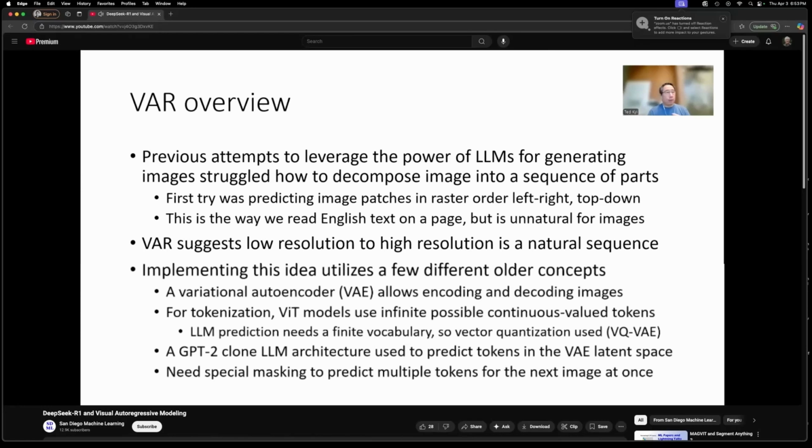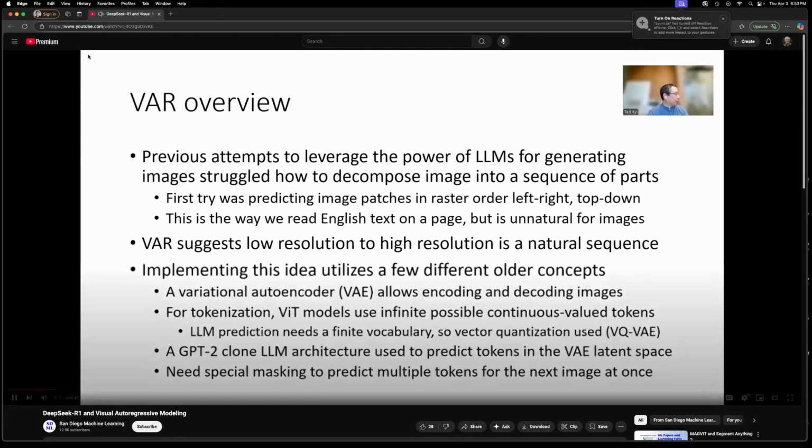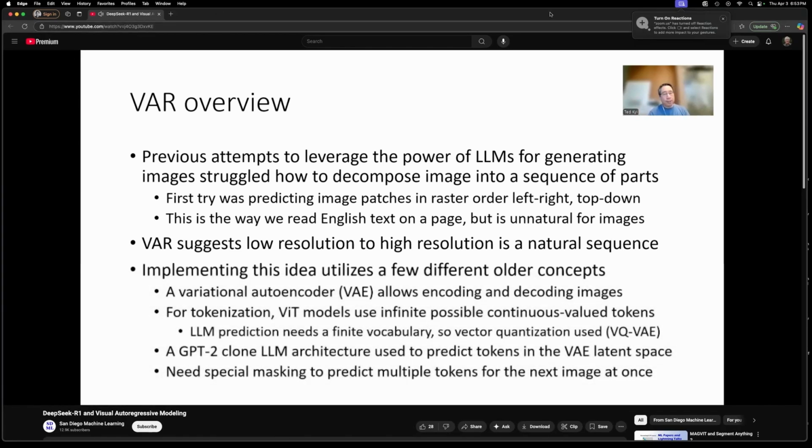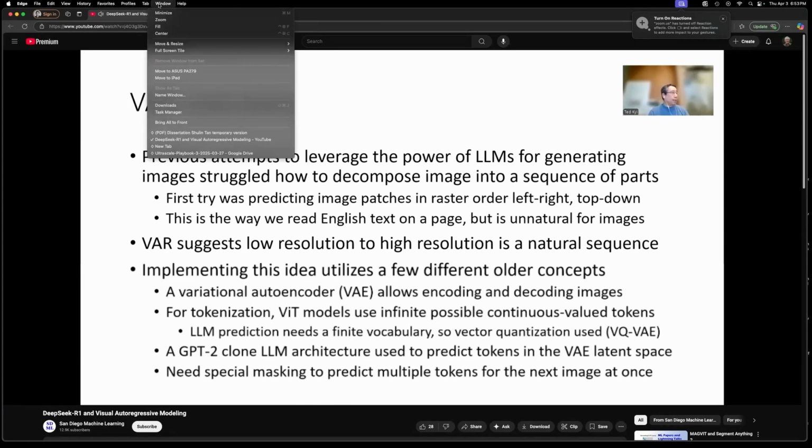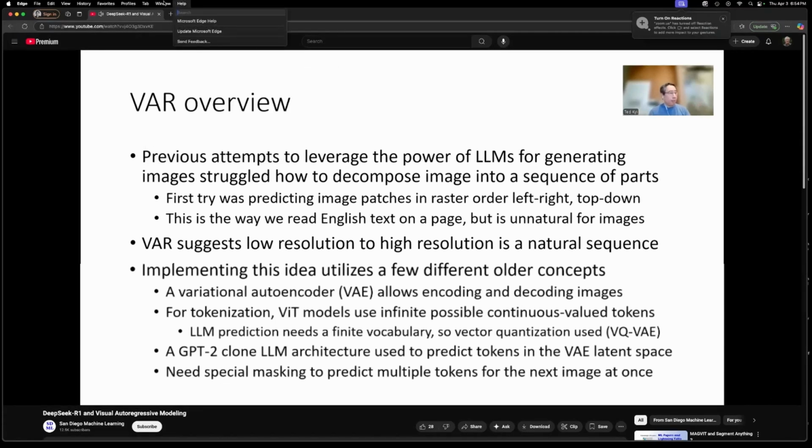So we're going to talk about, again, very briefly for the purpose of just this high level overview, variational autoencoders. And tokenization happens a lot in transformer-based image models. But for things like patch tokenization that ViT uses, it's basically projecting into a continuous space.